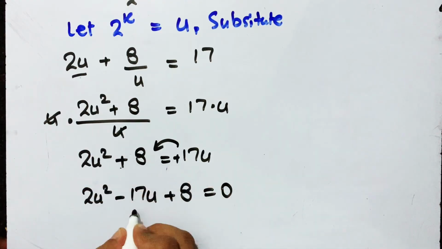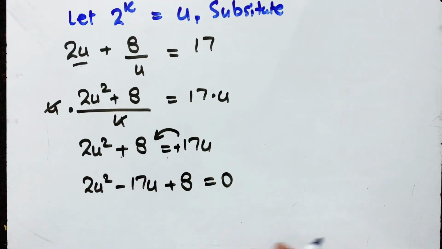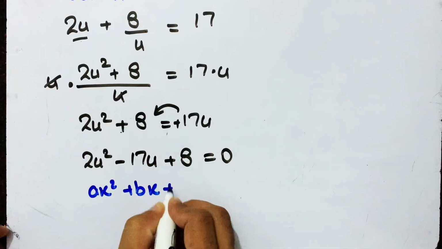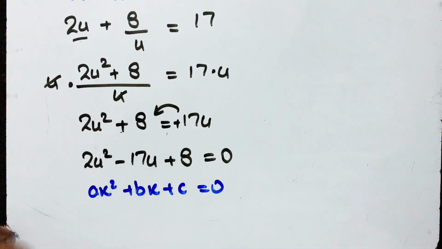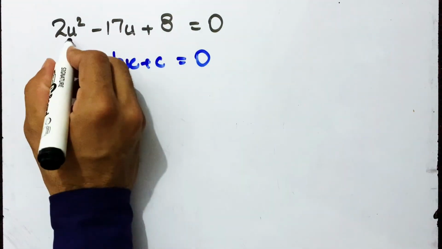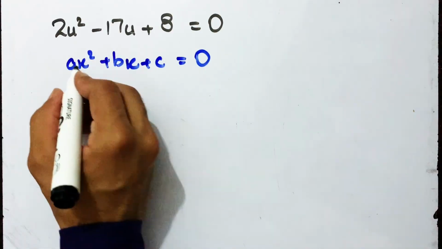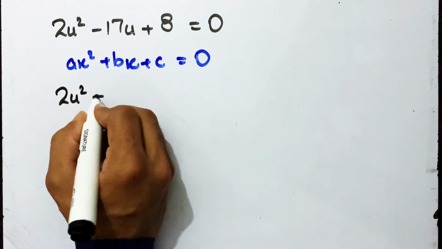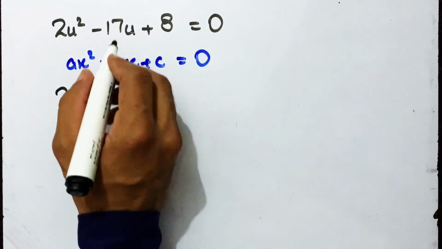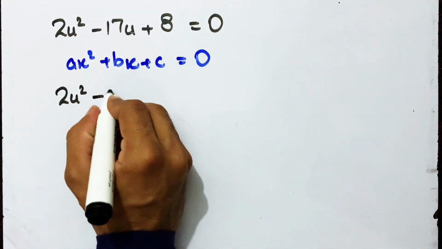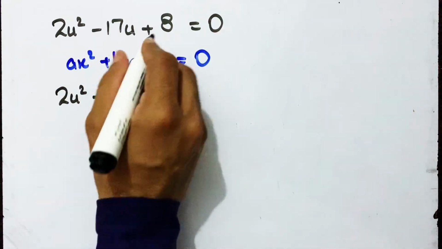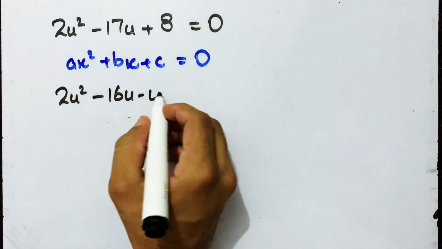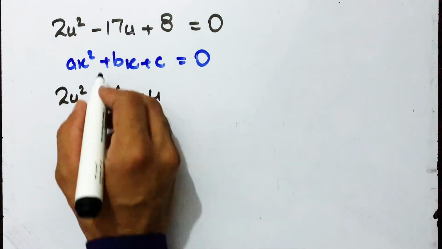This is a quadratic equation of the form ax square plus bx plus c equals 0. I'm using the factorization method. So 2u square minus 16u minus u plus 8 equals 0, since 8 times 2 is 16, and 16 plus 1 is 17.